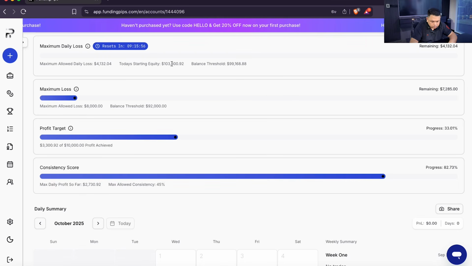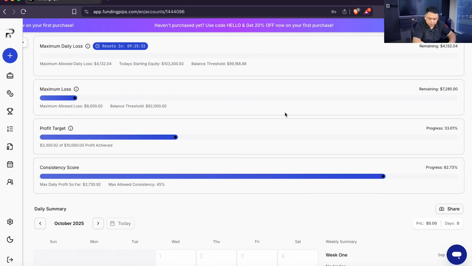This part of the dashboard tells me exactly what it was, and the threshold, or the amount that I cannot drop to or below. Of course, this bar moves. If it's filled, unfortunately, you've lost the account.